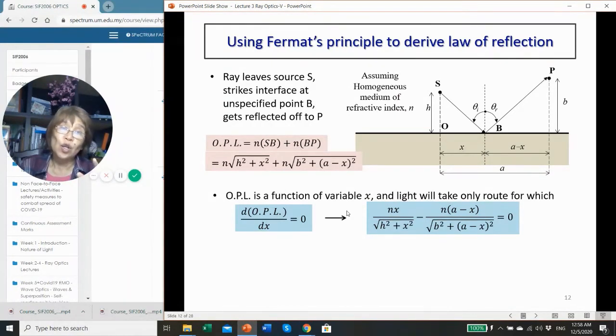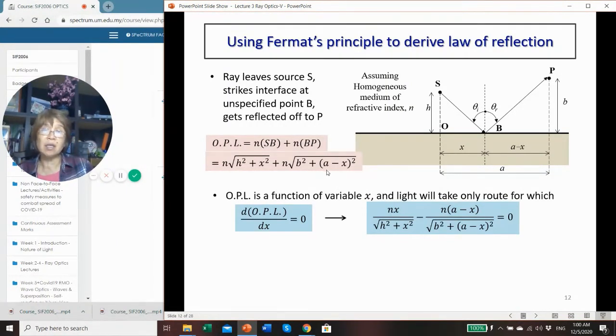So light will only take the route for which we get a minimum. So what we do is differentiate this with respect to X. Differentiating with respect to X here, we have n multiplied by half, to the power of half, so half into (H squared plus X squared) to the power of negative half, and then you differentiate what's inside, so you get 2X, so that works out to be nX over the root of H squared plus X squared.